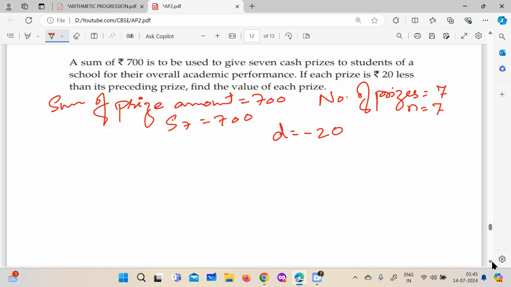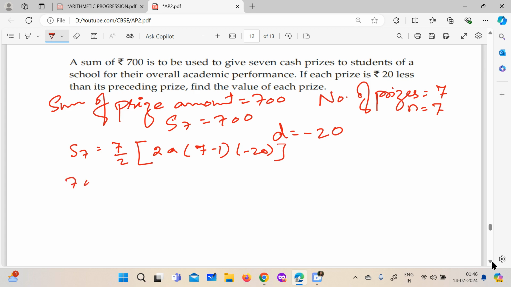Now your question is to find the value of each prize. For this we should know the value of a, because we already have d. If we know the value of a, we get the first term and then we can find the next terms. So S7 equals 7 over 2 times 2a plus 7 minus 1 times minus 20.